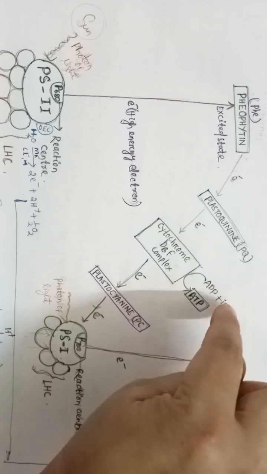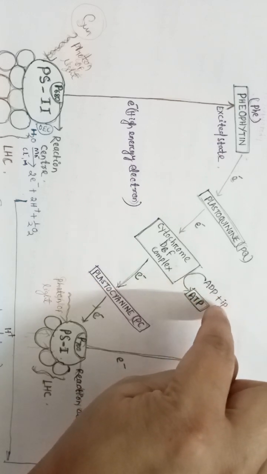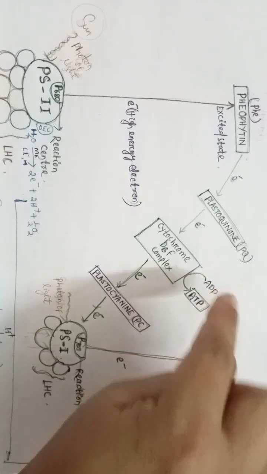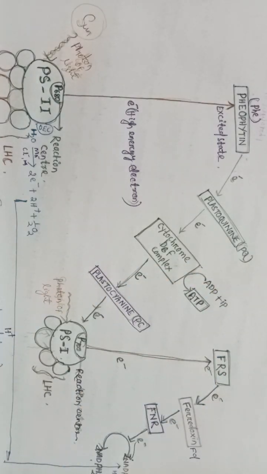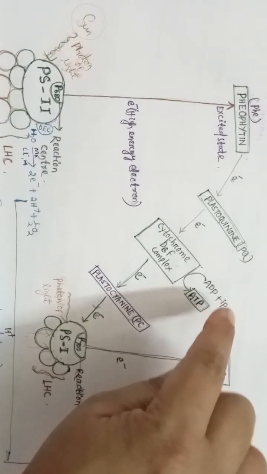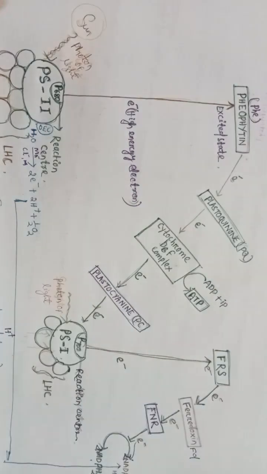And this addition of inorganic phosphate to ADP is named phosphorylation. And see here, the phosphorylation takes place in the presence of sunlight, so it is named photophosphorylation.